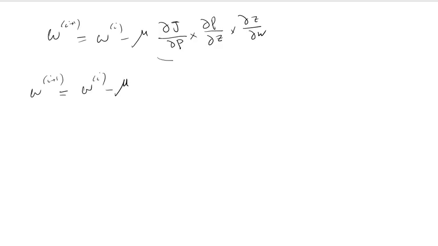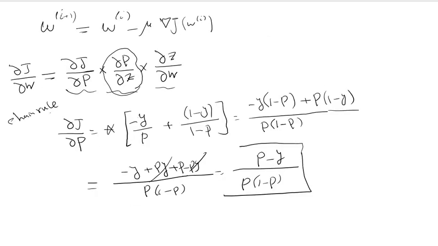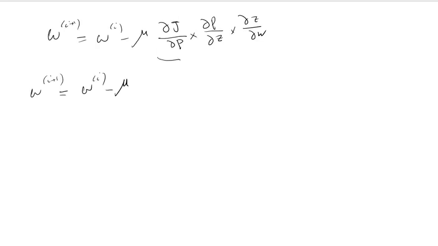The first one, p minus y over p times 1 minus p. The second one, the derivative of sigmoid, p times 1 minus p. The last one is x.